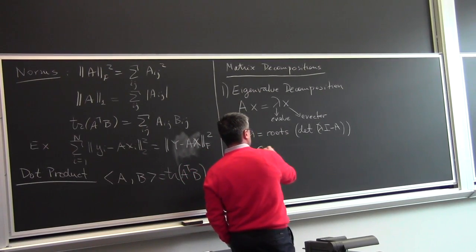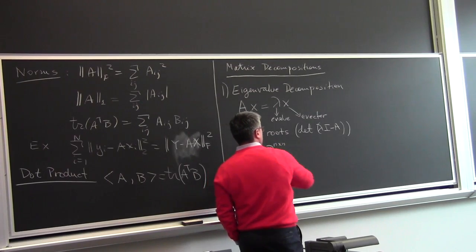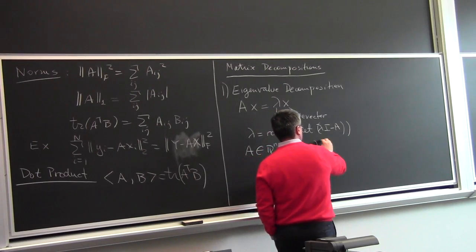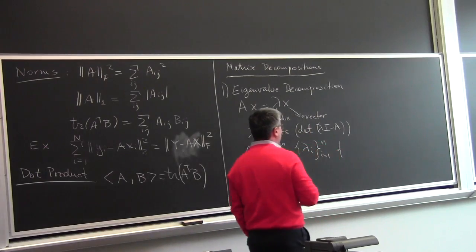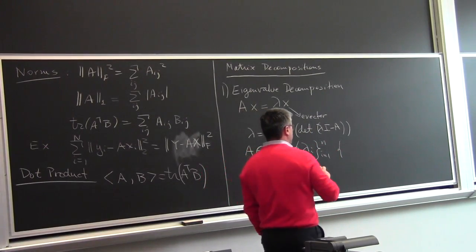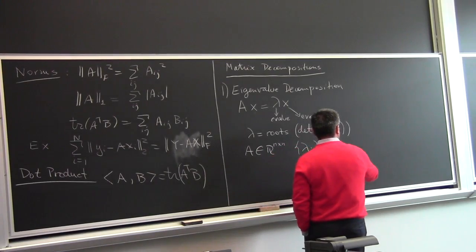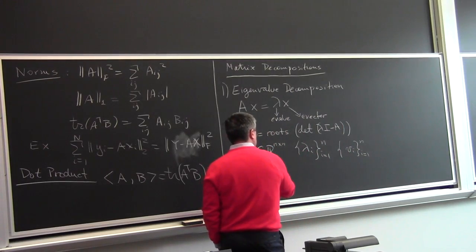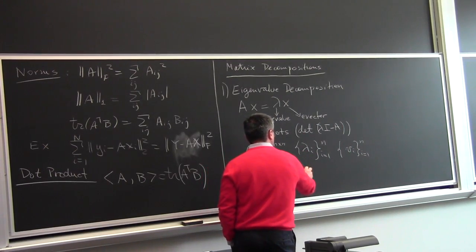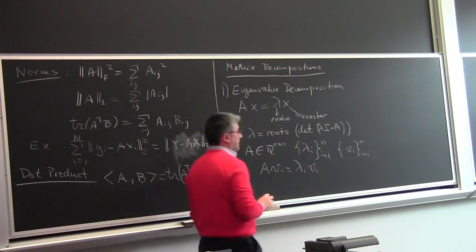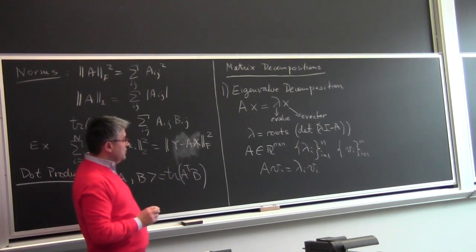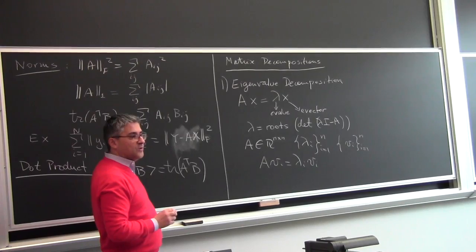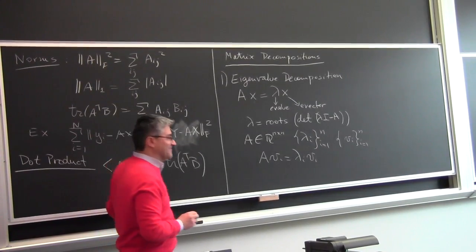So if A is n by n, I'm going to have lambda_i, i goes from 1 to n, and I'm going to have multiple eigenvectors. Let me denote them as v_i, i from 1 to n. The idea is that A times v_i is equal to lambda_i times v_i. This is something that all of you should have learned either 2 years ago or more in your linear algebra class.